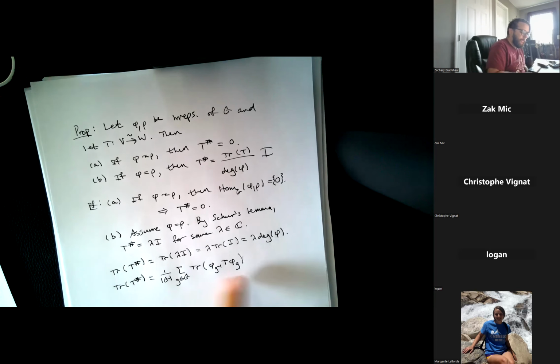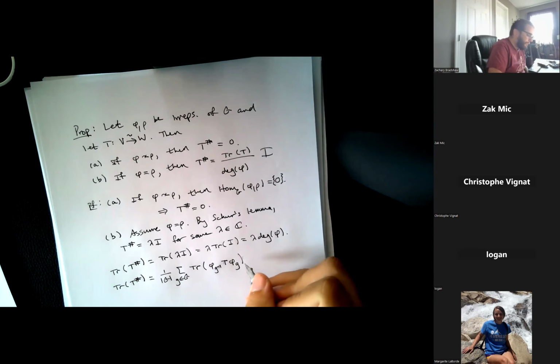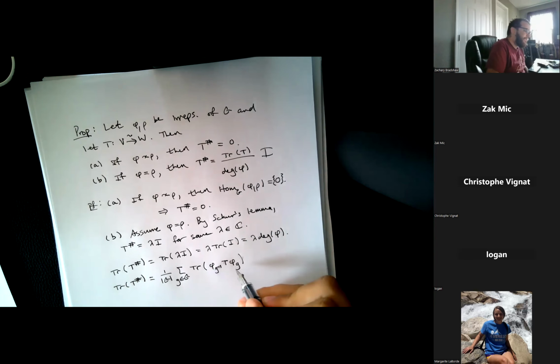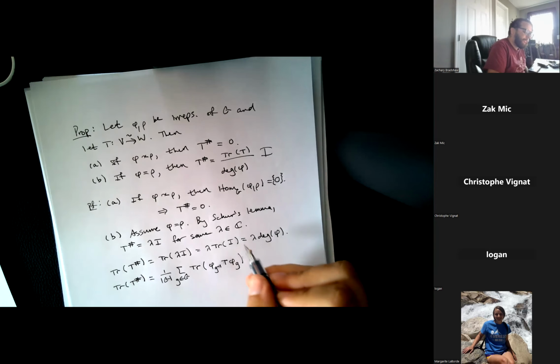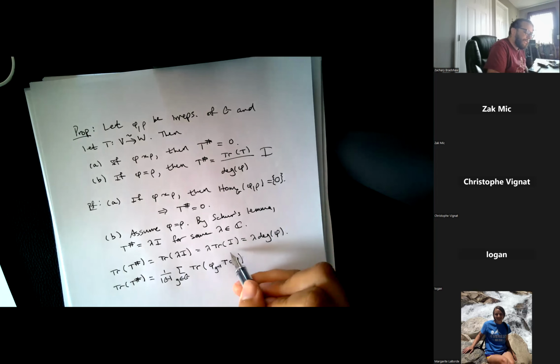This sum, the 1 over order of g, and the stuff in here all together make the twirl, and I just used the linearity property. Now the trace satisfies this nice property where we're able to cycle the individual pieces inside of the trace. So the trace of ABC is the same thing as the trace of CAB.